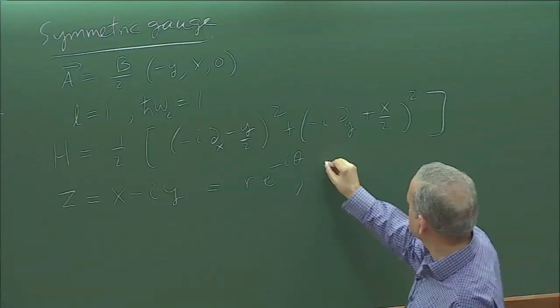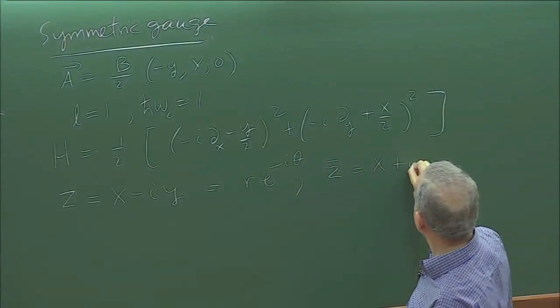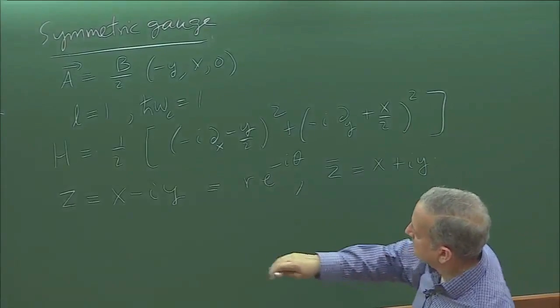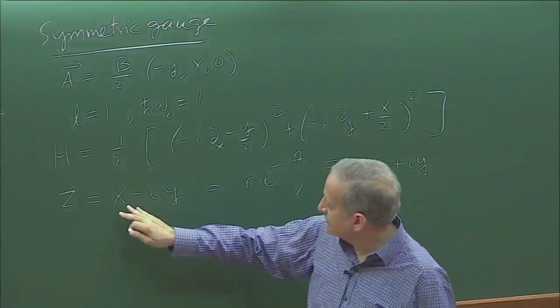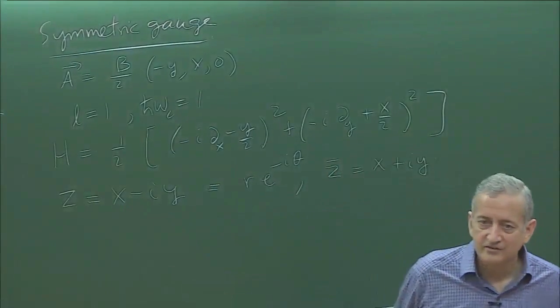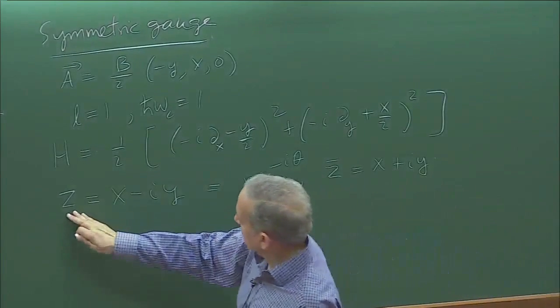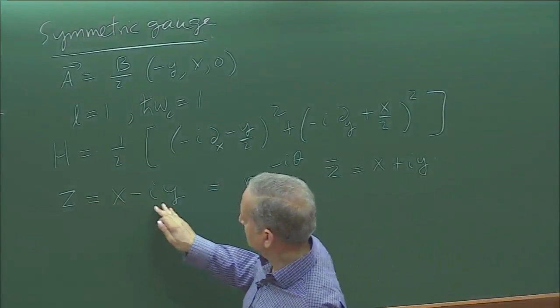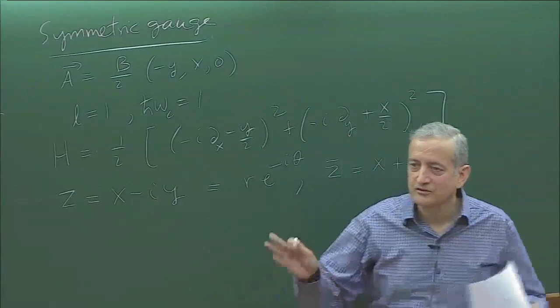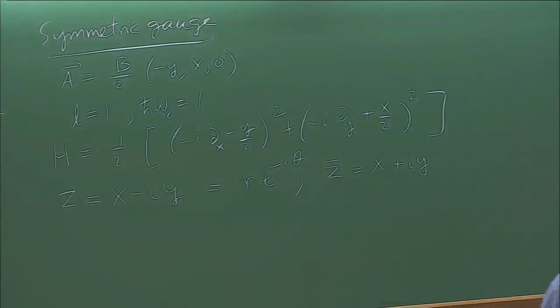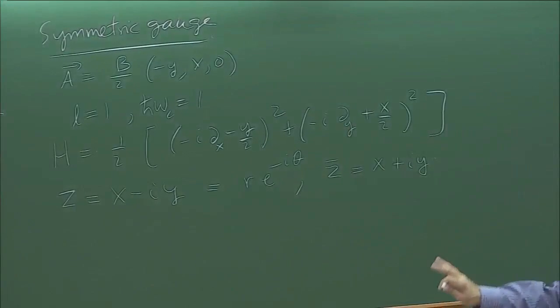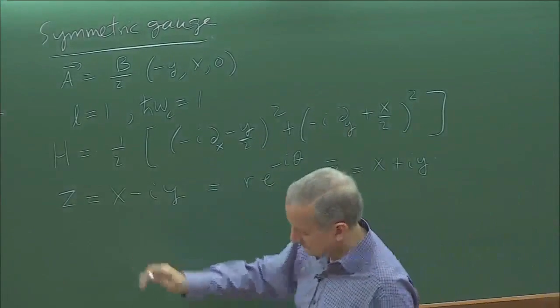And I can also define z bar. And the fact that I have to define z as x minus iy is just to simplify my life. I could have defined z as x plus iy, but then I would end up with lots of z bars later on in my formulas. So this is the way we are defining z.